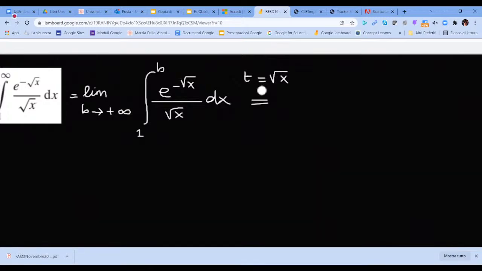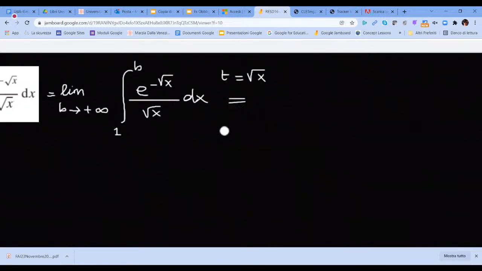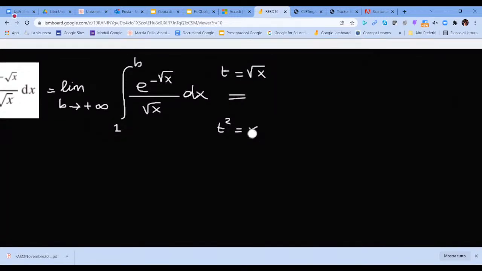We can switch and we can choose this variable t. So that means t squared is equal to x. That means 2t dt equals 1 in dx.